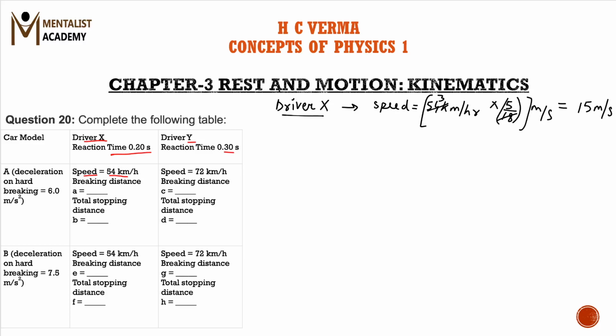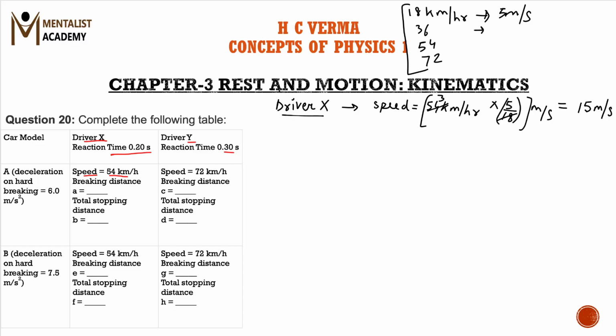You should also remember this data, that 18 km per hour is 5 meter per second. So for all the multiples of 18 like 36, 54, 72, you should know the speeds, because generally these kinds of speeds are given in the questions.